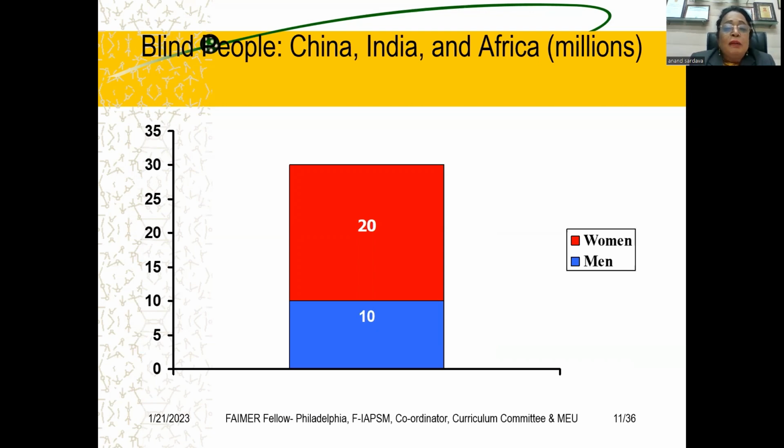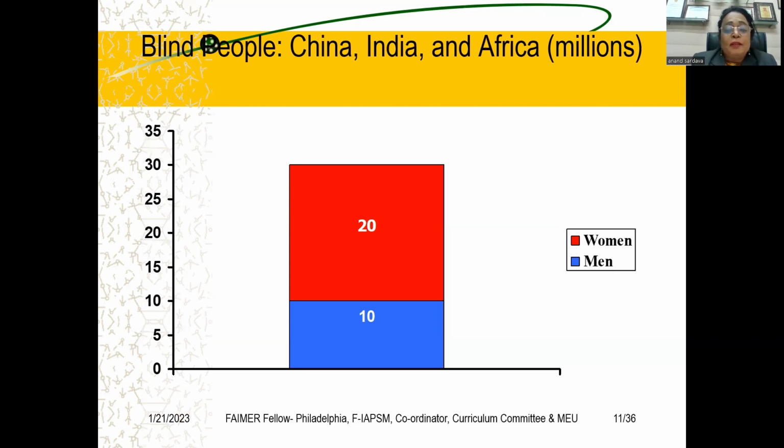People started trying to explain the possibilities. Some might say that because women have a longer life expectancy at older ages, more women are seen than men, and blindness is a degenerative condition. So that might be one explanation.